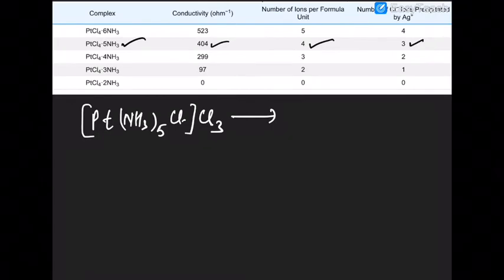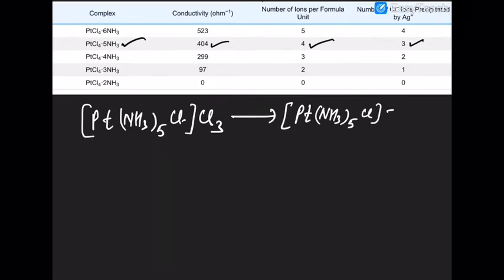If you dissolve it in water, you get 3 chloride ions. So 3 plus is the charge on the cation. So 1 cation and 3 anions are there.